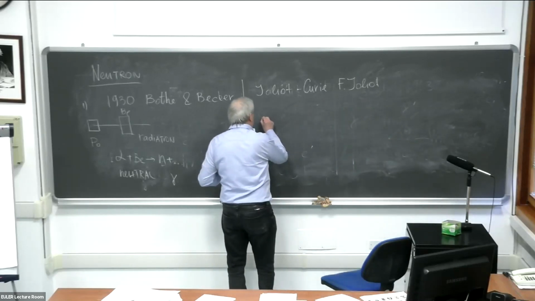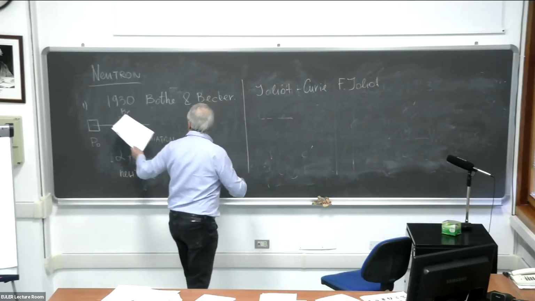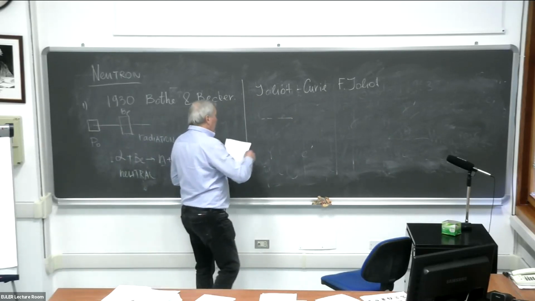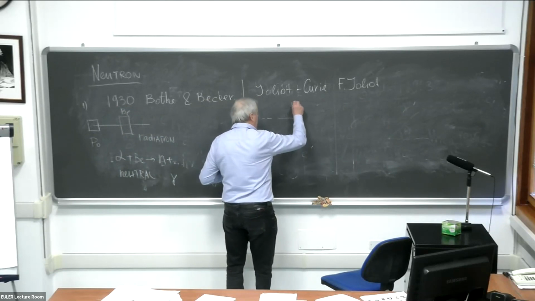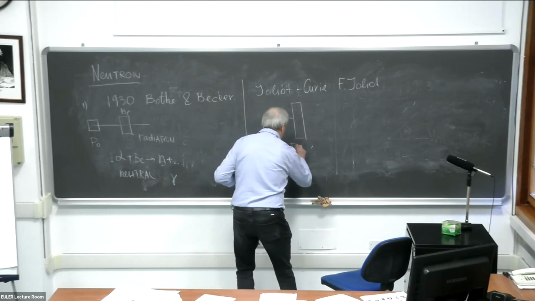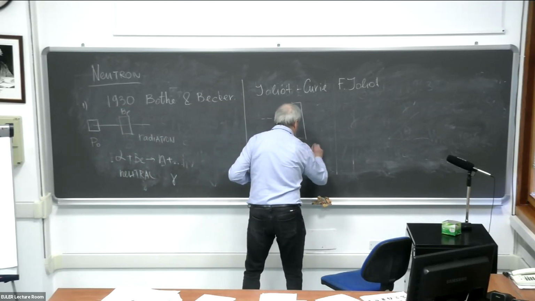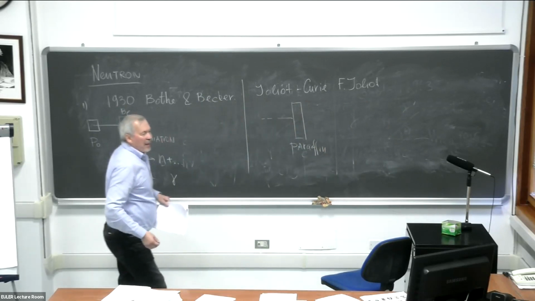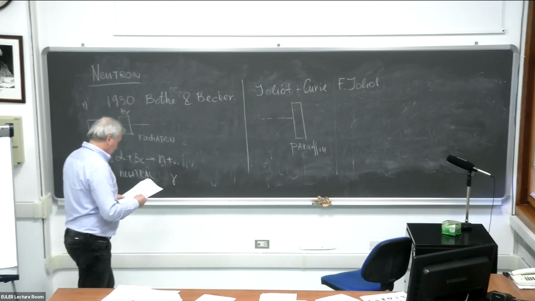So they also had this type of interaction of alpha with a beryllium target, but then they put paraffin, which is a material which contains many free protons.